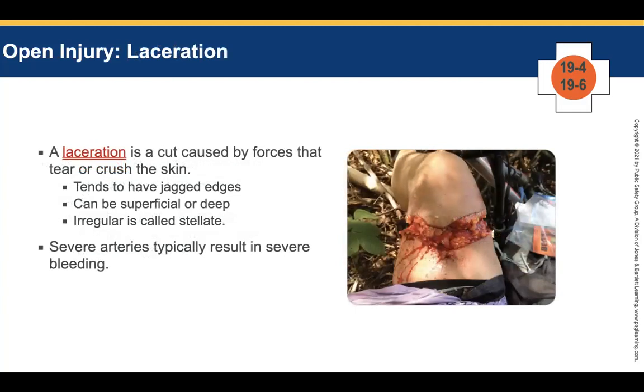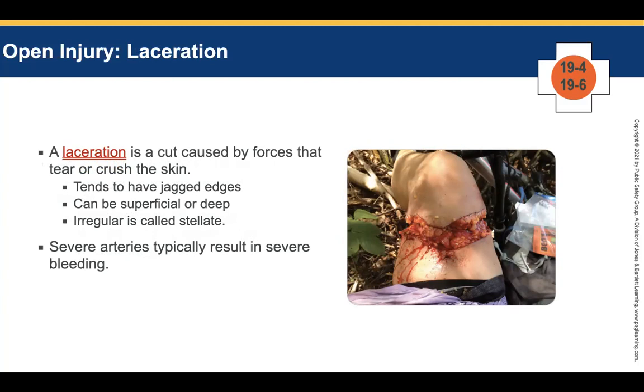A laceration is a cut caused by force that tears or crushes the skin, and tends to have jagged edges. It can be superficial or deep, and irregular. Severed arteries typically result in severe bleeding. If it severs the arteries, you're going to see something like this.